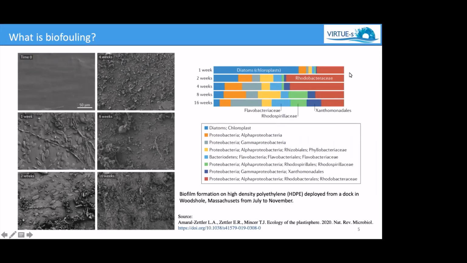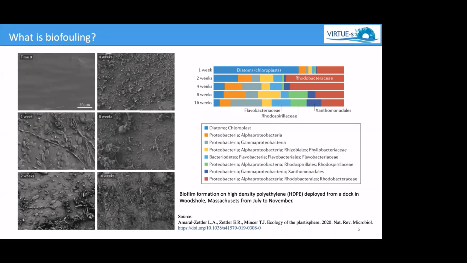The type of bacteria which grow on the substrate will depend on interactions going on between the early bacteria settlers on the surface. There are some studies which have found that the type of bacteria which will settle on a substrate depends on the type of substrate.